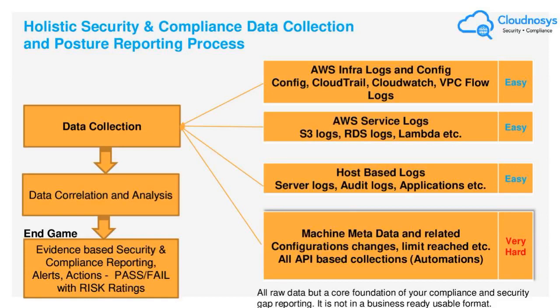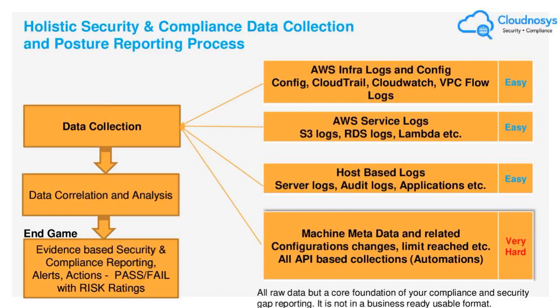And this is where you absolutely need to spend the time and tooling investment to pull all these together and create evidence-based security compliance reporting, risk prioritization, and be able to have a risk rating on your policies. If this policy failed, my risk is going to be high, but if this one failed, that's okay, it's going to be medium or low, and so on.